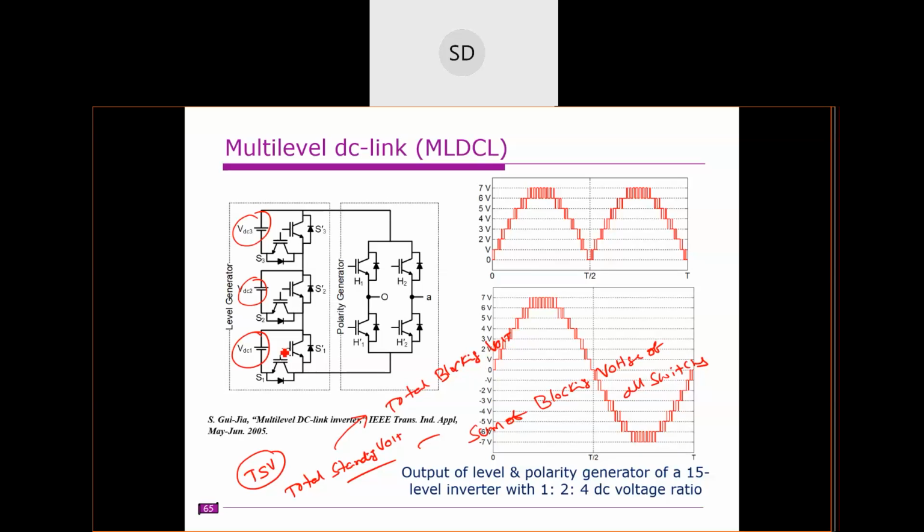So in this particular case, assume that VDC1 equal to VDC2 equal to VDC3 equal to VDC. So what is the total standing voltage with this topology? 6 VDC.